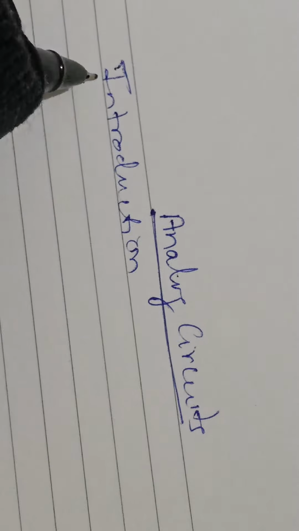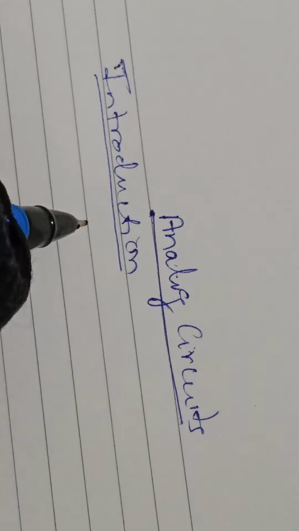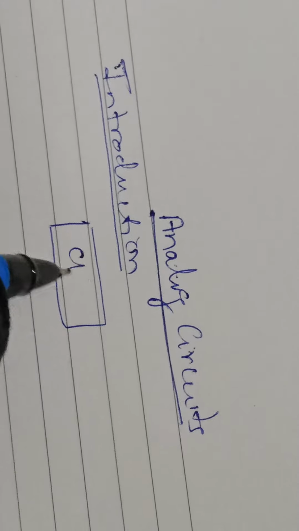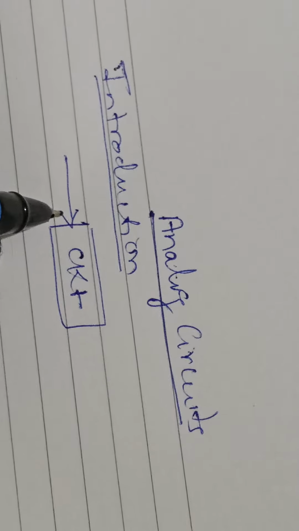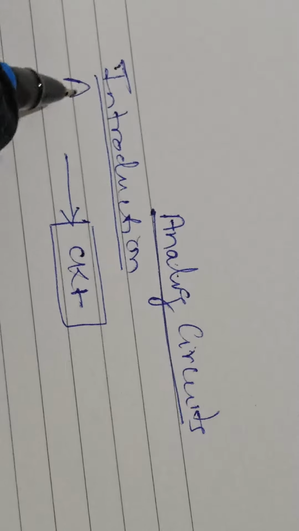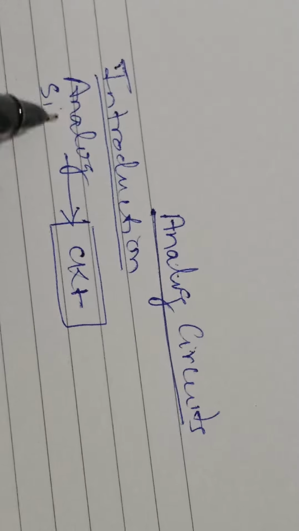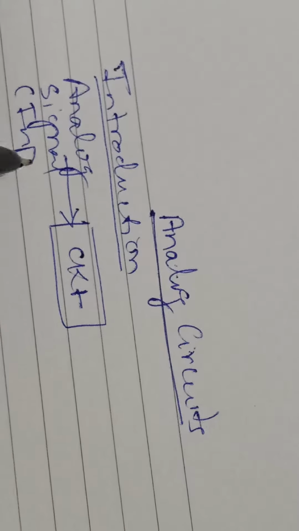And we can see from its name it contains two words, analog circuits. So this is a circuit. Analog circuit means a circuit which processes or deals with an analog signal, or we can say analog input.